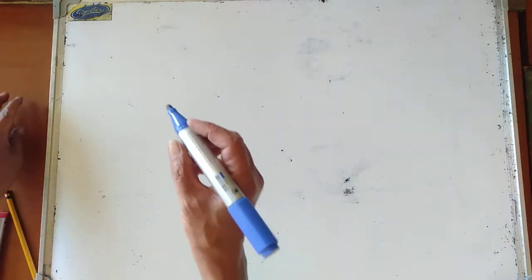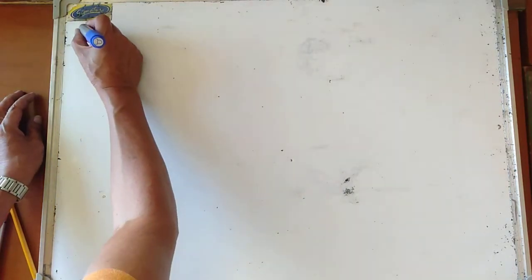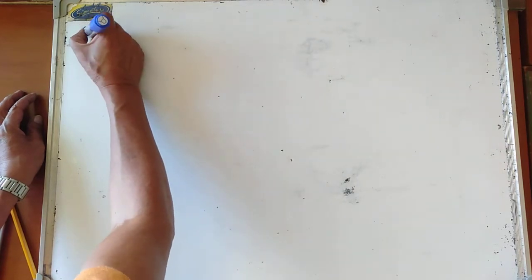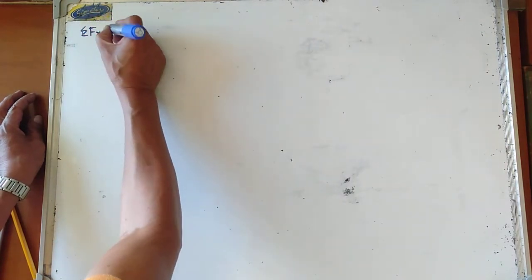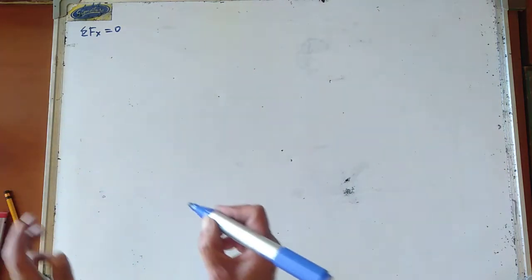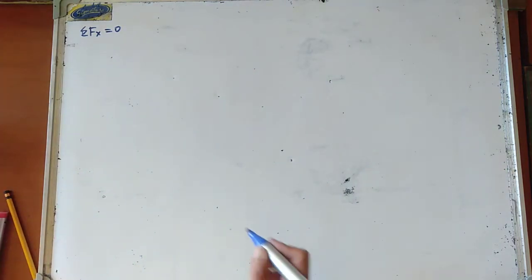Okay, let us now apply the equations of equilibrium. Summation of forces along the x is equal to 0.